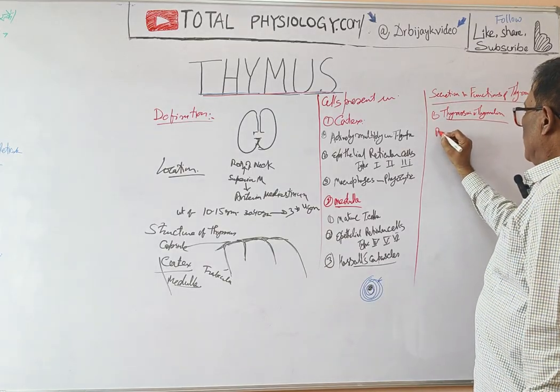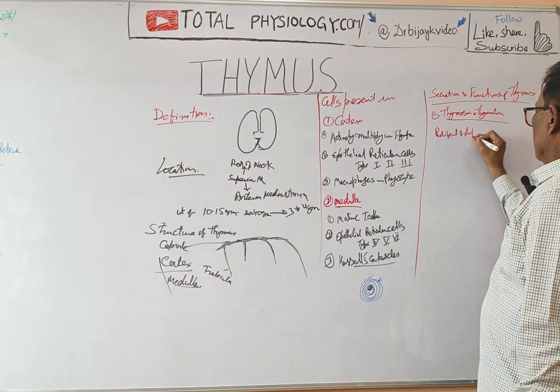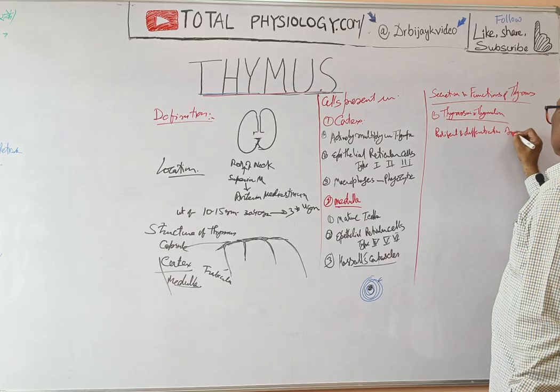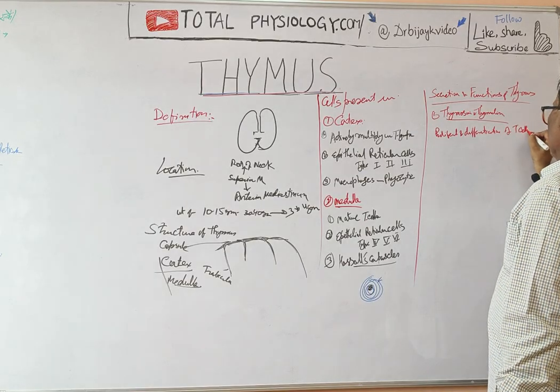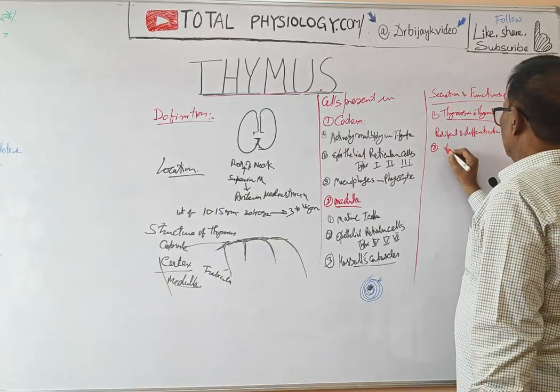Function is proliferation and differentiation of T cells. Number two is thymopoietin.